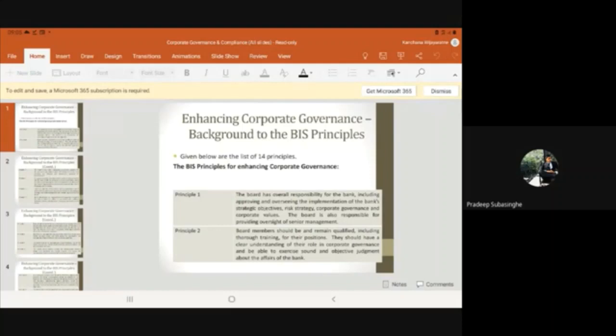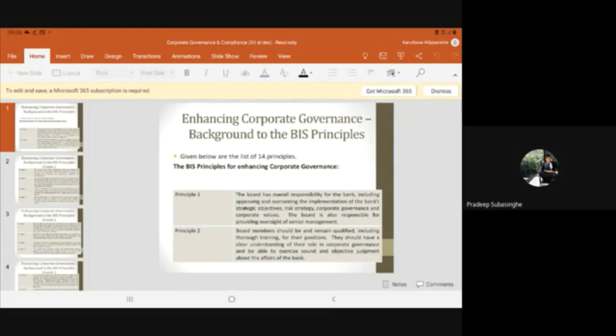Now, Basel Committee and the BIS, there's a lot of interconnection. BIS is the Bank for International Settlement. This organization was commenced way back in the 1930s, and a large number of countries are full members.